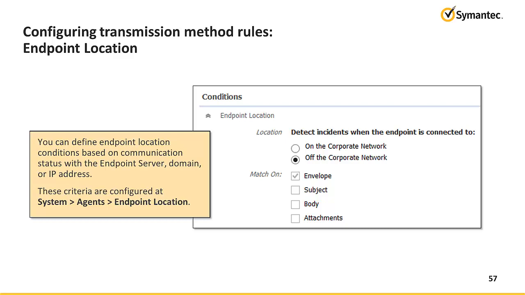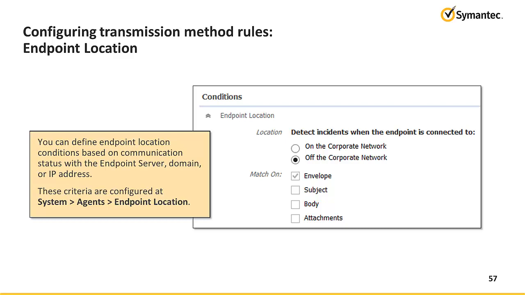With the manual method, you must input a range of domain names or IP addresses, and then Symantec DLP will use this information to determine if the endpoint is connected to the network. You can define these criteria at System, Agents, Endpoint Location.